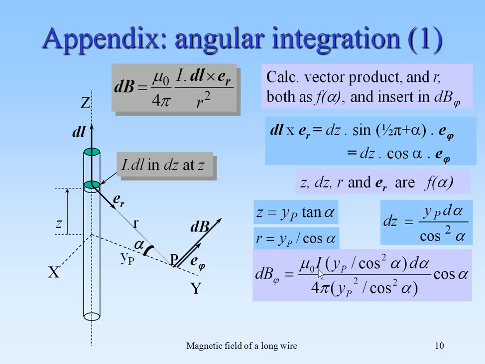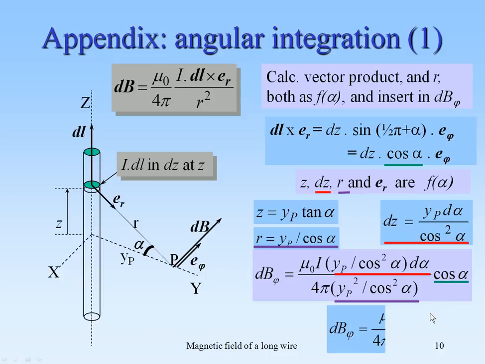And when we insert that, then we have mu naught I times the cross product, y_P over cosine squared alpha times d alpha here, and here is 4 pi times R squared, and this has to be multiplied by cosine alpha. dz is this part, R is this part, cosine alpha is this part.